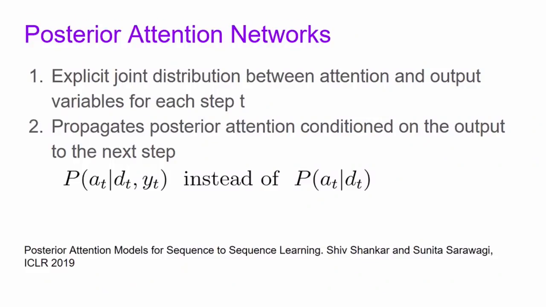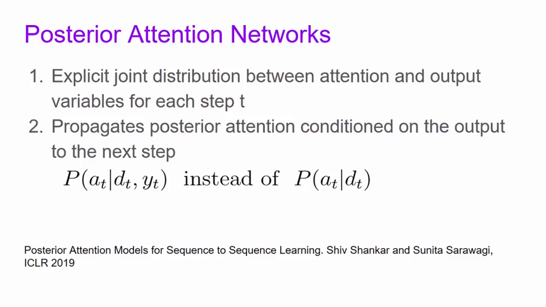We proposed what we are calling posterior attention networks. This work is going to be presented at ICLR 2019, where we show that instead of propagating the attention without looking at YT, if you look at the posterior attention, which is conditioned on the output that you have seen when you go to the t+1th step, you would get much better coupling. So this is what we are calling posterior attention.